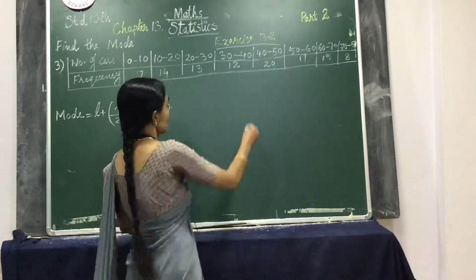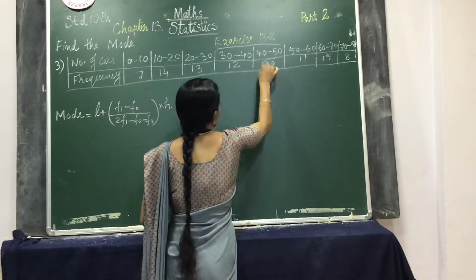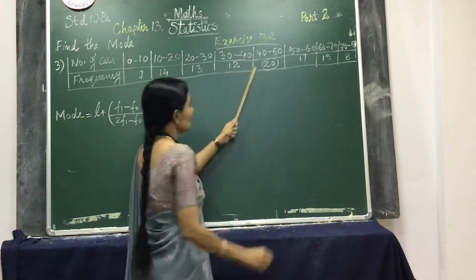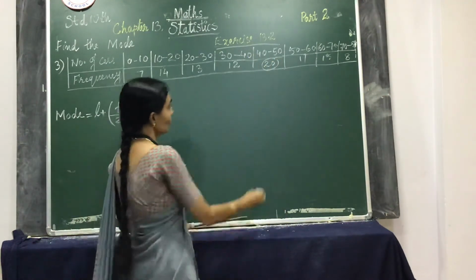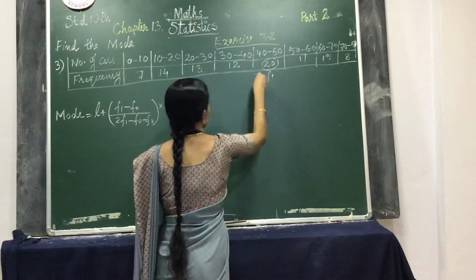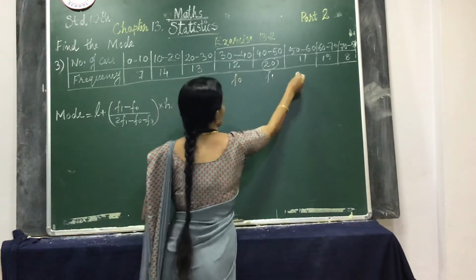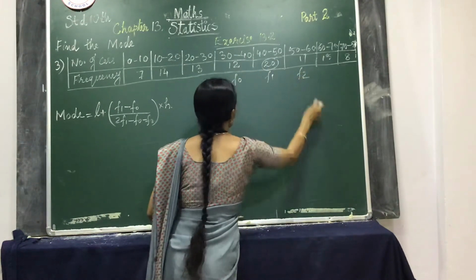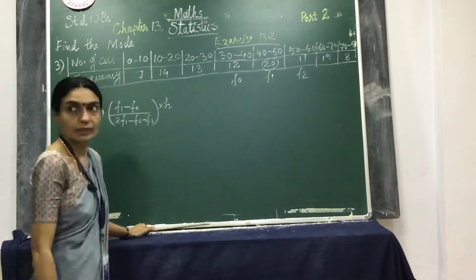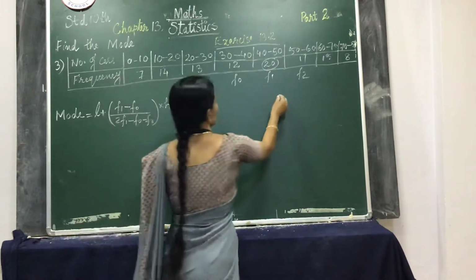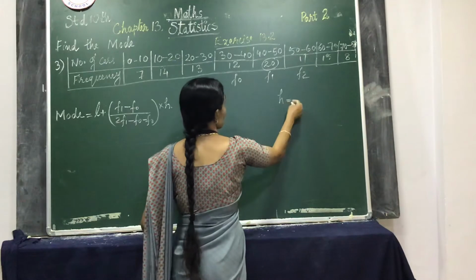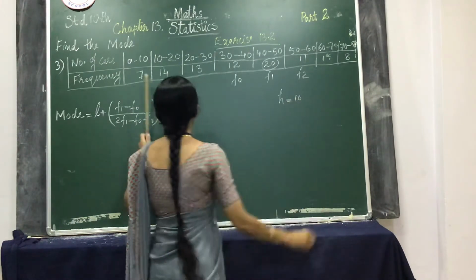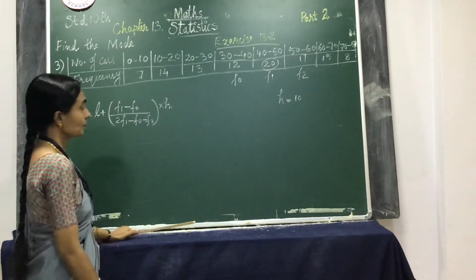So the greatest number here is 20, so the lower limit of the modal class is 40. Here f1, f0 and f2. Here 40 to 50, the width h is equal to 10.